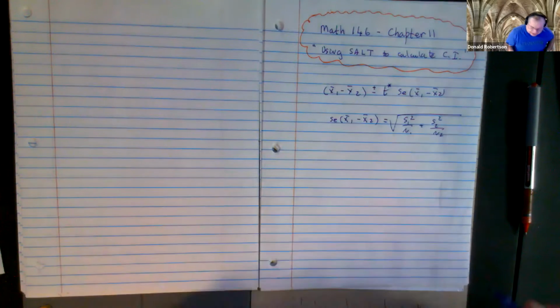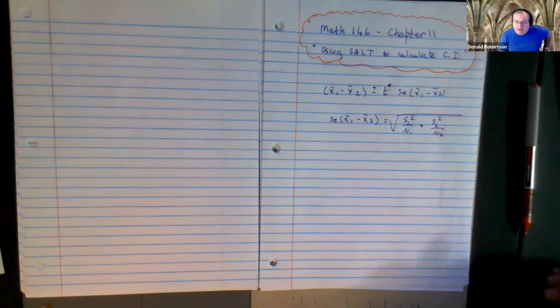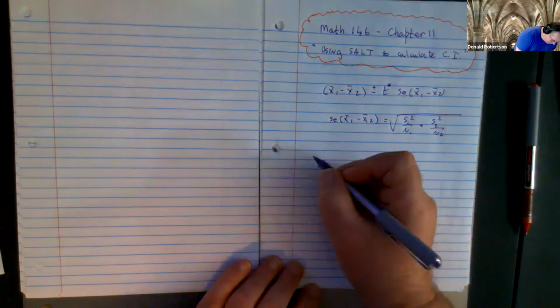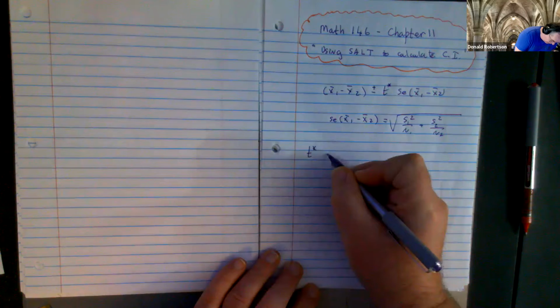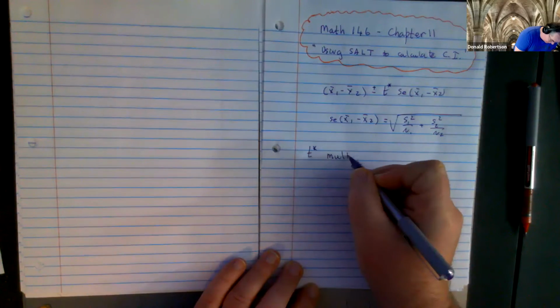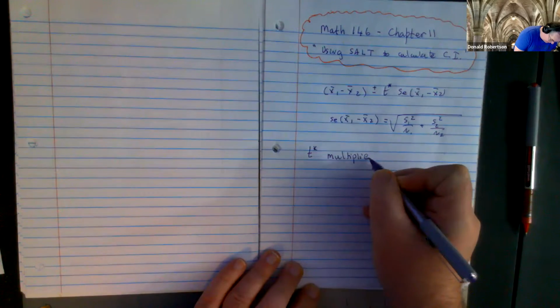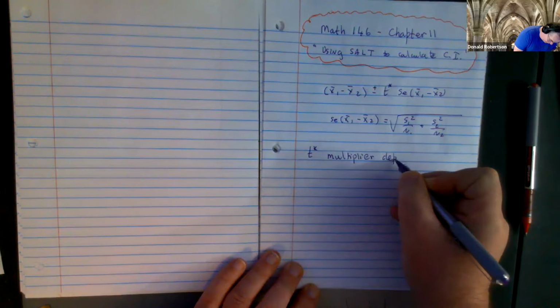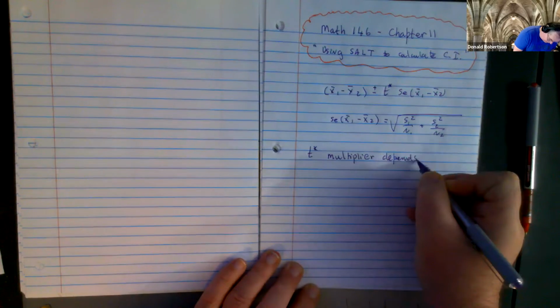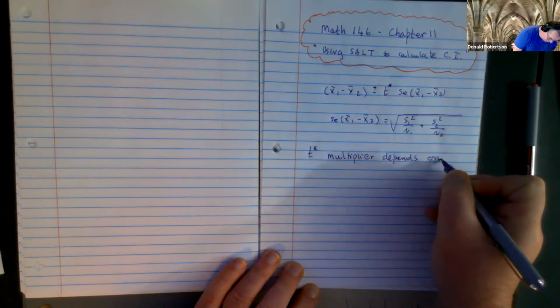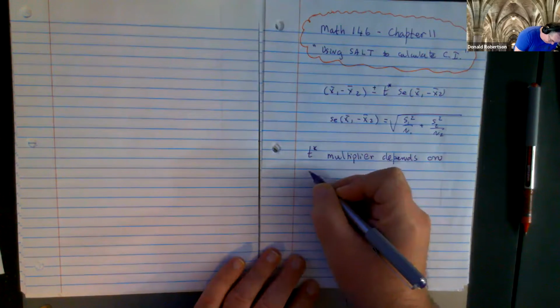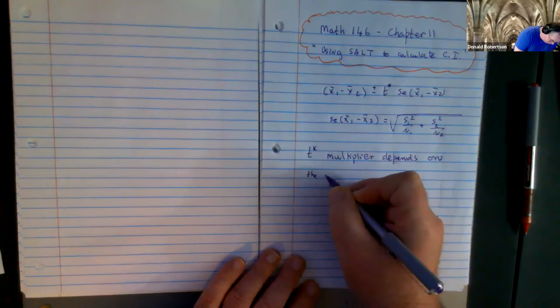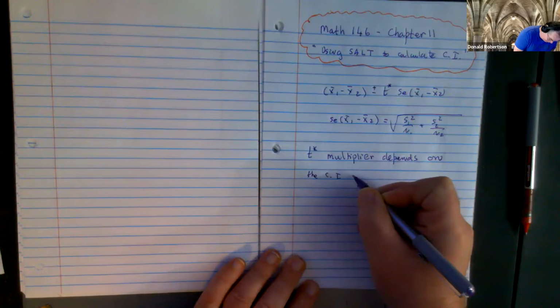And you can get a 90, 95, 99. The guy here is called the multiplier. It depends on two things. It depends on the confidence interval that you want.